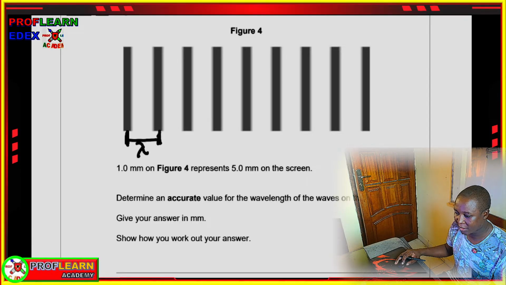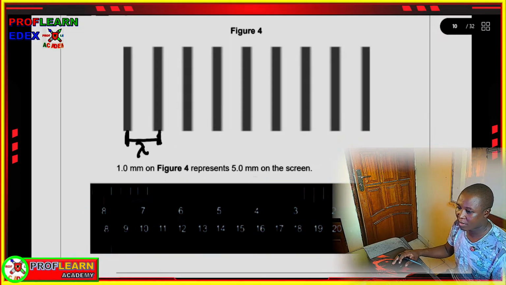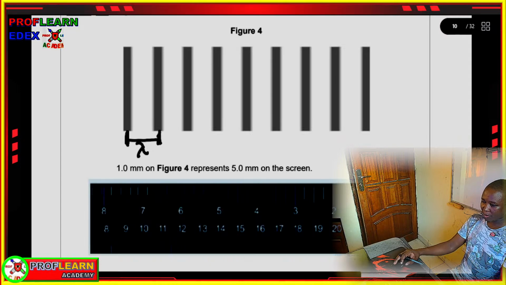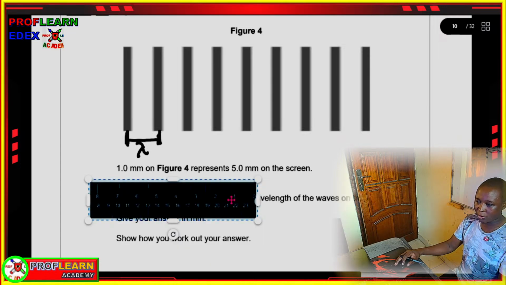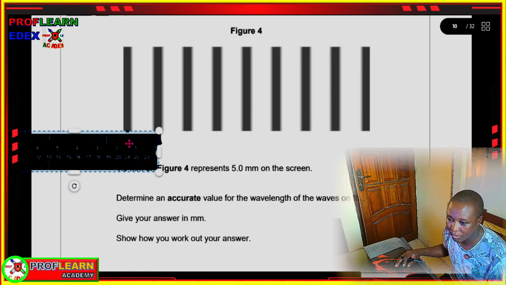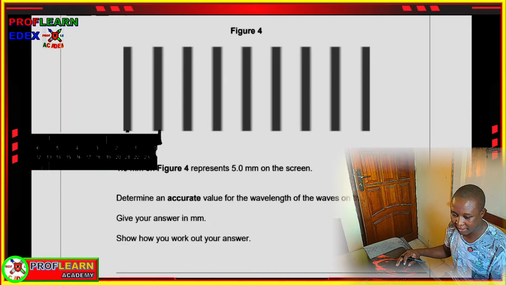I'm just assuming that this is our ruler, so that we can apply that concept. I'm showing you how you can measure. Now assume this is a ruler which you have. In order to measure, you place it in such a way that the 0 mark coincides with that particular point. Then you read how long it is.